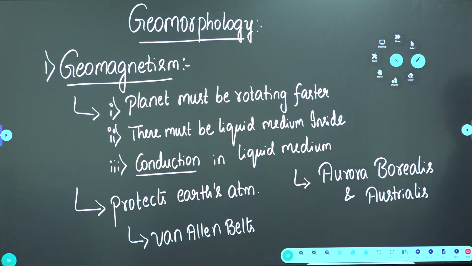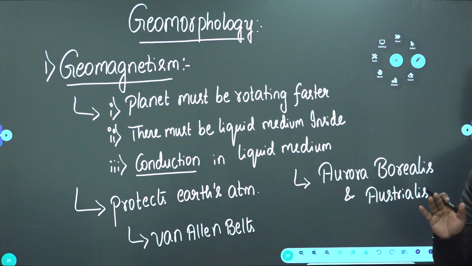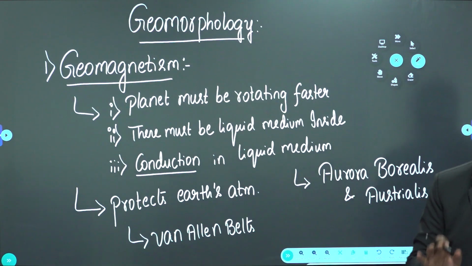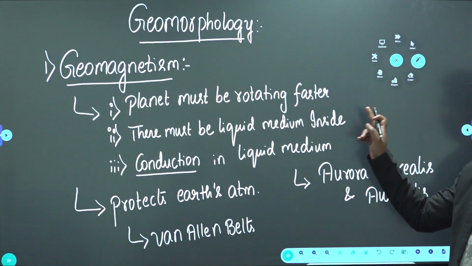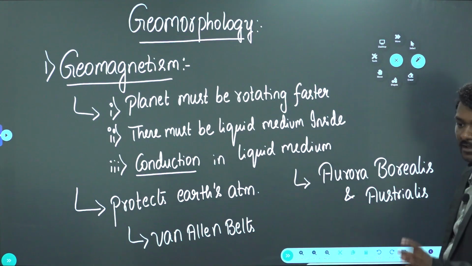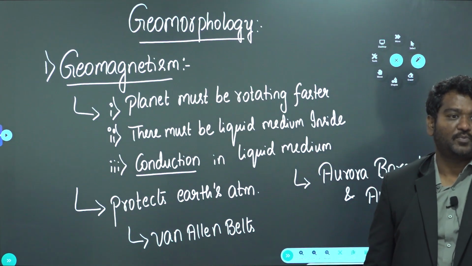Fine. Next. Please remember, Aurora Borealis, Aurora Australis is not associated with ionosphere. It is associated with geomagnetic field of the Earth. Aurora is present only near poles.